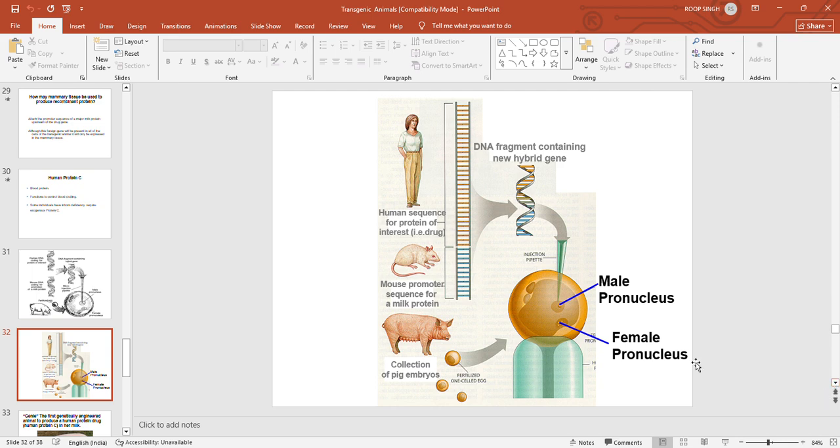It's the same thing here, or one can use a human gene sequence of any interest, and then introduce it into the male pronucleus.